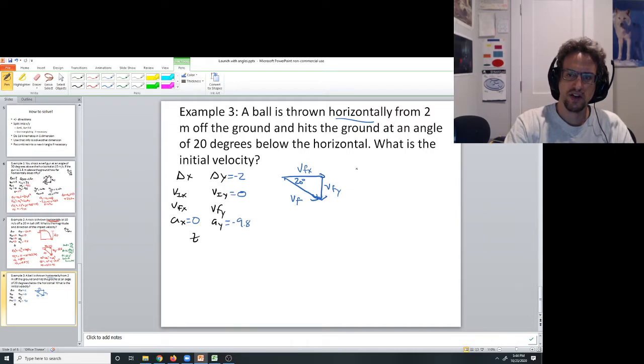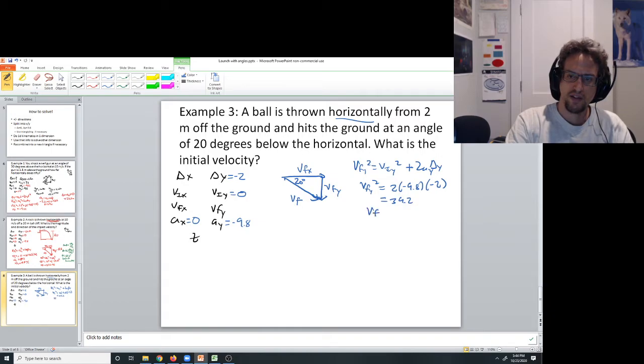So v final y squared equals v initial y squared plus 2 a_y times change in y. So v final y squared is equal to 2 times -9.8 times -2, which is 39.2.